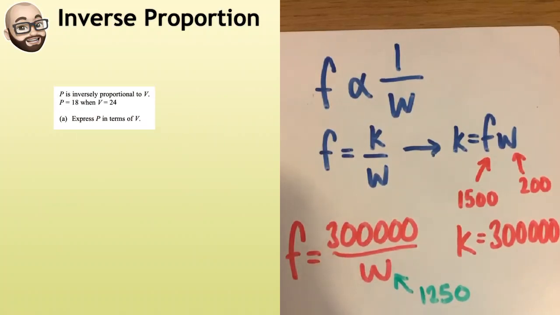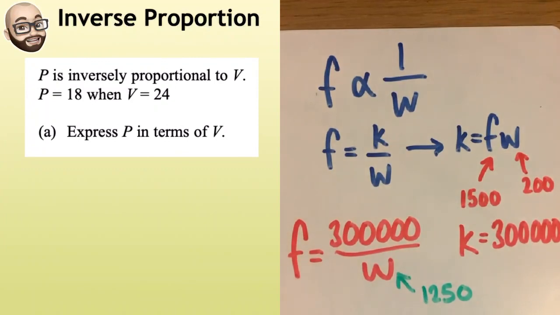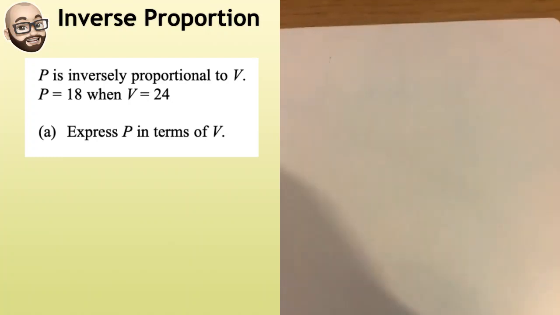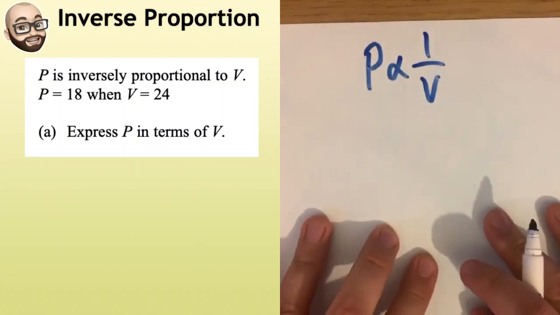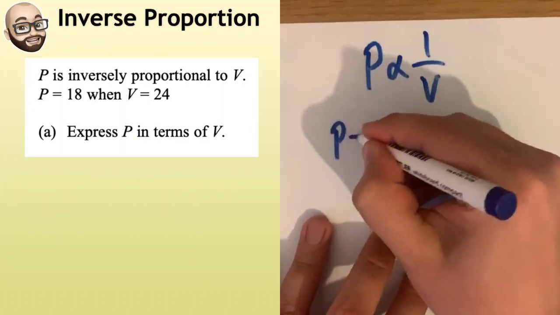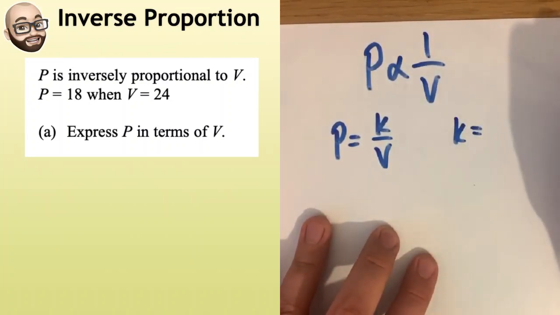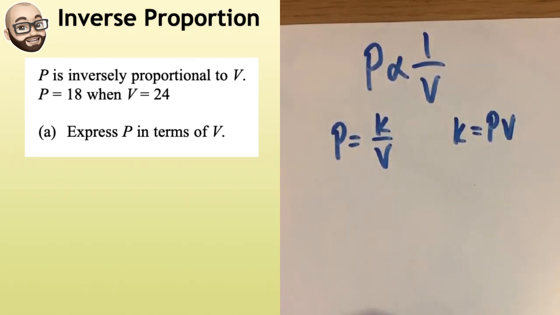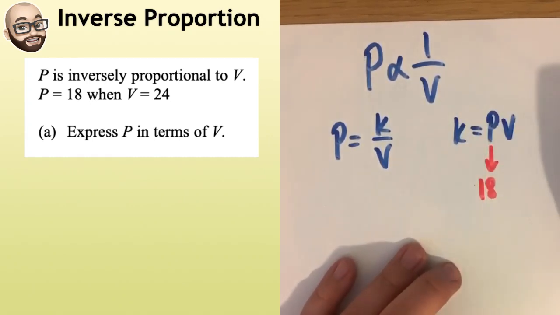So here comes another one. It says P is inversely proportional to V. When P is 18, V is 24. Express P in terms of V. P is inversely proportional to V, so we're going to be using P equals K over V. Or if we want to work out K, we could do P times V. It tells us when P is 18, V is 24.